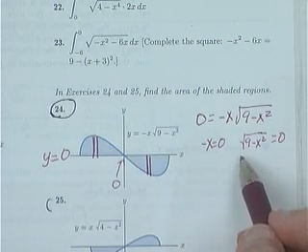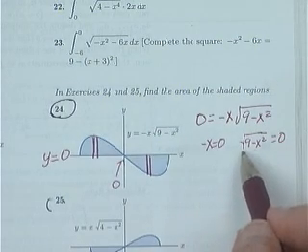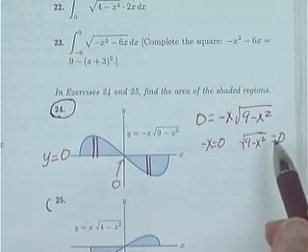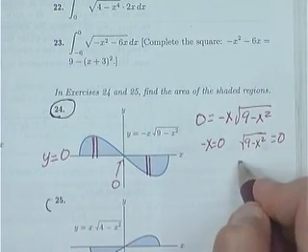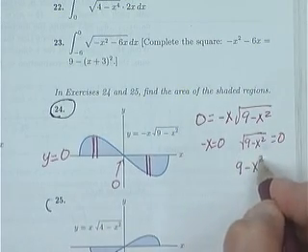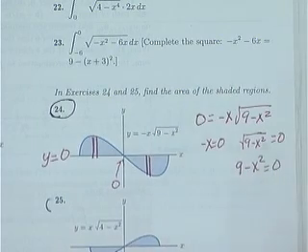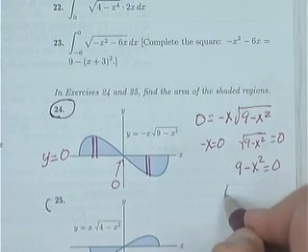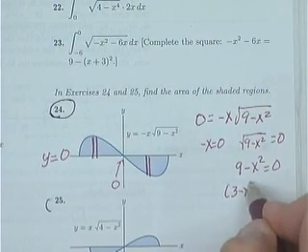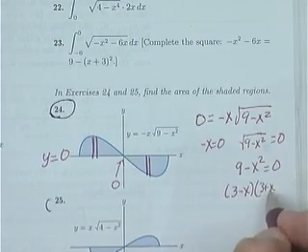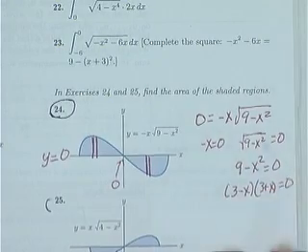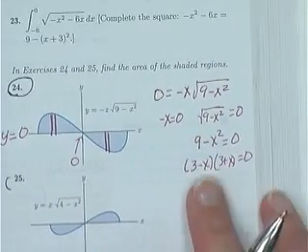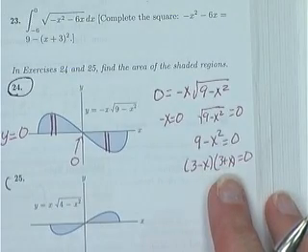All right, now how do you solve this square root here? Square root of 9 minus x squared equals 0. You can square both sides, and you get 9 minus x squared equals 0. Just square both sides of the equation. And you can factor here if you want. 3 minus x times 3 plus x equals 0. That's the difference of two squares. So you could factor.